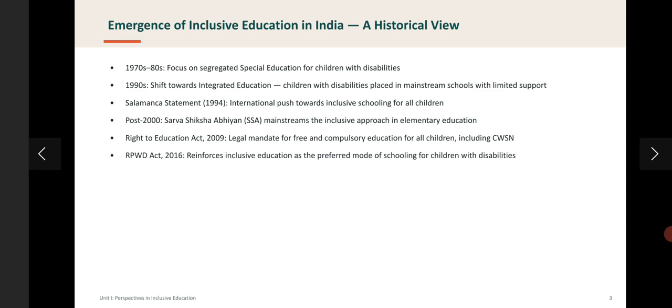It was drafted in 2005, not passed until 2009, and put into effect from 2010. This is the final major act given in education. There are a lot of acts from the 2000s.